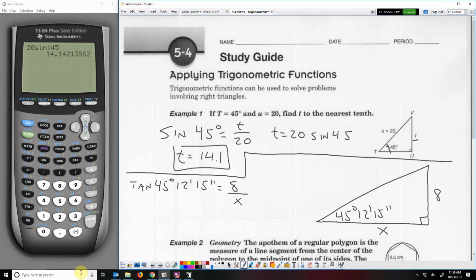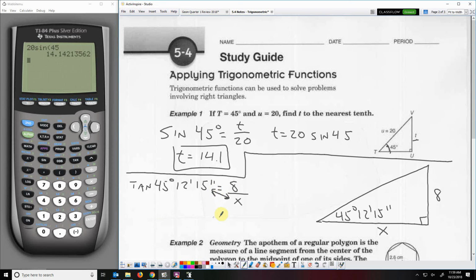Okay, so this time, first of all, I've got degrees, minutes, seconds, so that's one way it looks different from up here. The other way is up here I had the variable in the numerator and I multiplied. This time I've got the variable in the denominator, and because one rule of proportions, which this right here is over 1, so it makes it a proportion, is that I can always switch diagonally.